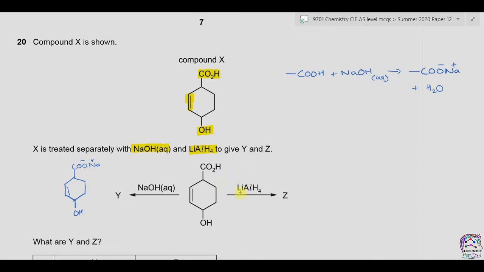Now in the second part, they have reacted compound X with a reducing agent like lithium aluminum hydride. In the presence of LiAlH4, carboxylic acid is reduced to aldehyde first and then further reduced into alcohol.